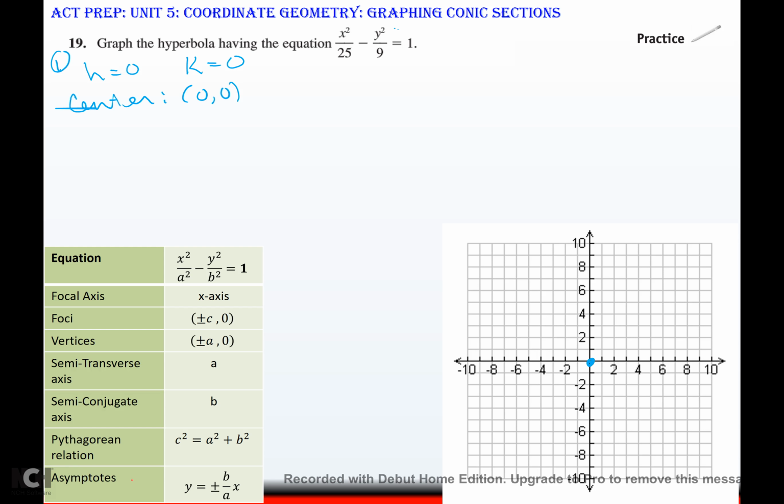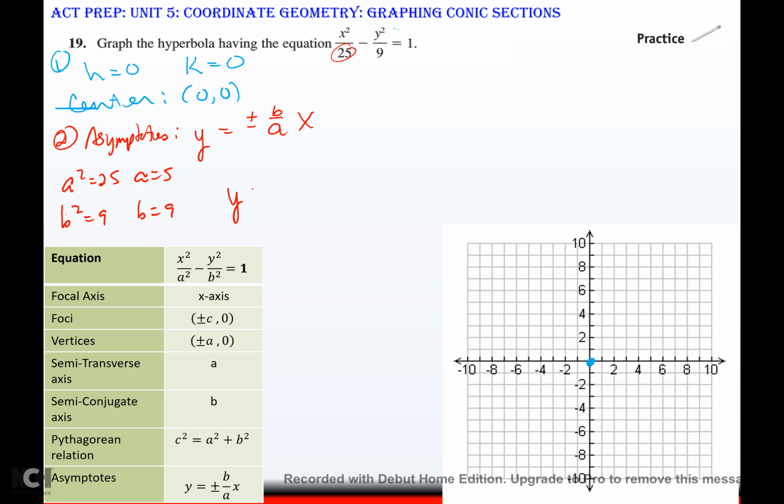So I do my asymptotes next, which, when your vertex is at the center, you get by taking y equals plus or minus b over a times x. Well, a squared is 25, which makes a 5. B squared is 9, which makes b... hold on just a second. What am I doing? B is 3.